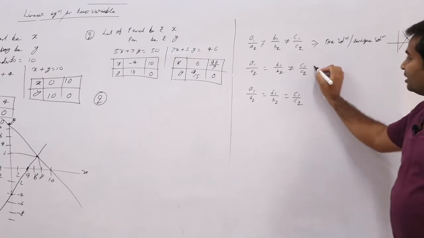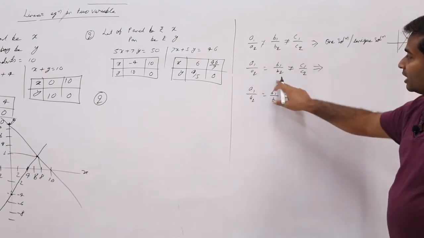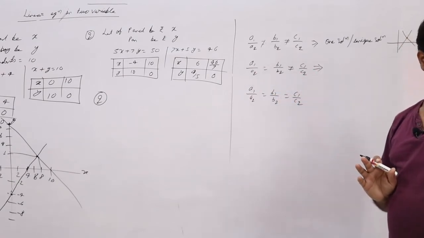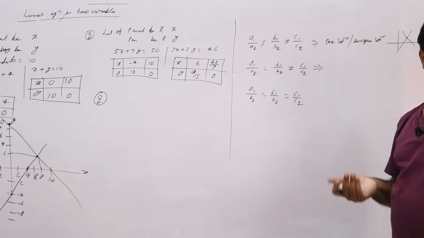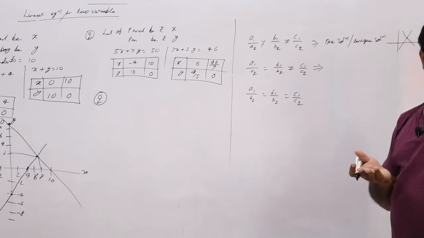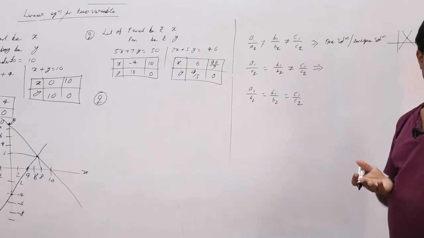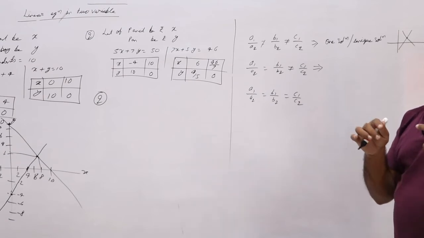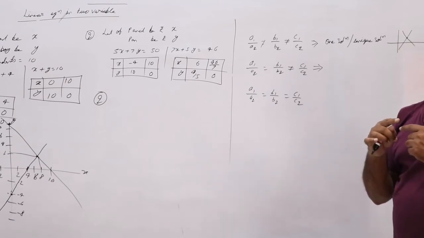Acha, when two are equal and one is not equal, which kind of solution will you get? No solution. Acha, and how will the graph be? Two lines which do not meet. The graph will be parallel.